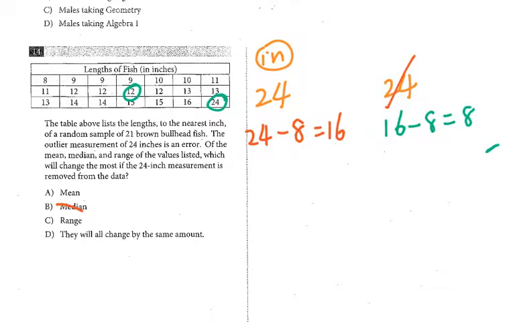So we know the range will change a lot. But for the mean, since you have so much data, adding 24 won't change it a lot. Therefore, you can judge that C will be the answer.